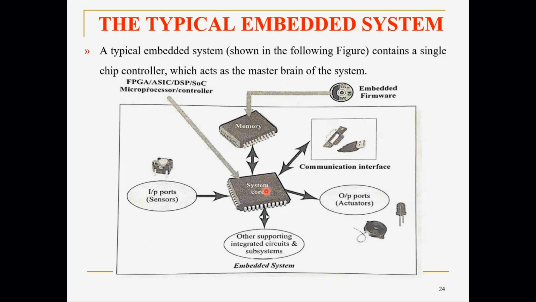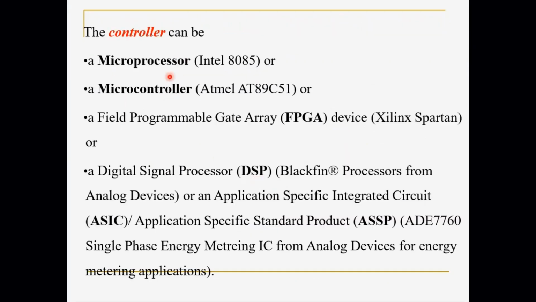It depends: if an embedded system serves a very small specific purpose, then we can use only a controller. We can use a microprocessor as the system core or brain of the system, or a microcontroller, or FPGA, ASIC, DSP, or SOC. We'll study all those things one by one here, system core.